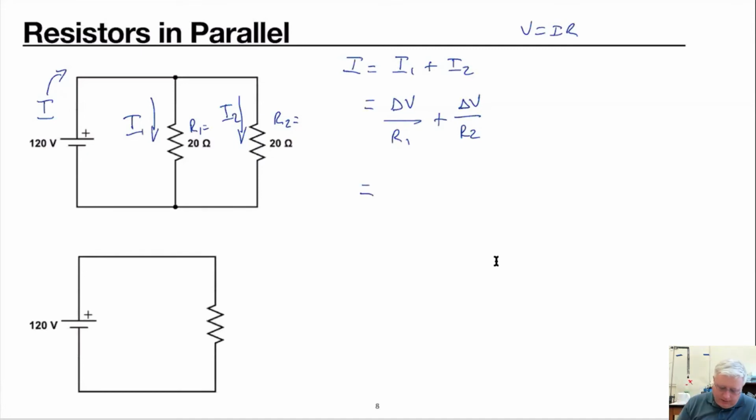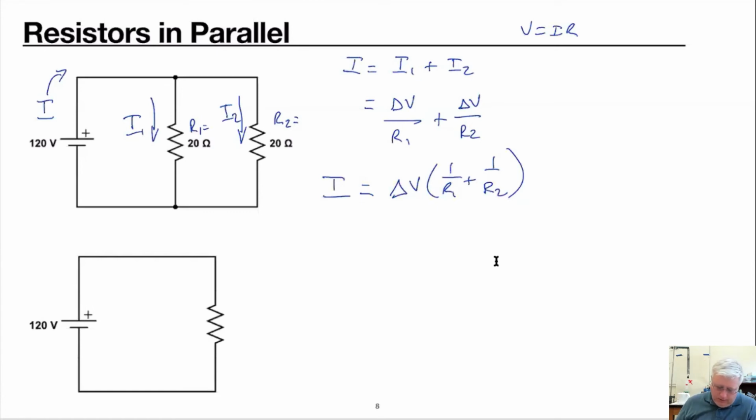So we can factor those out too, like we did before. And so then that's our current. So we can find the equivalent resistance when resistors are connected in parallel.